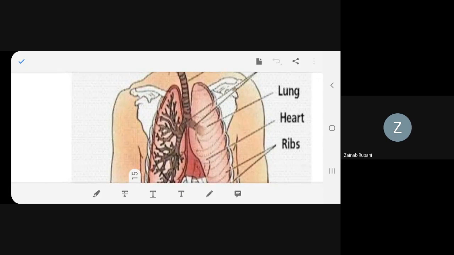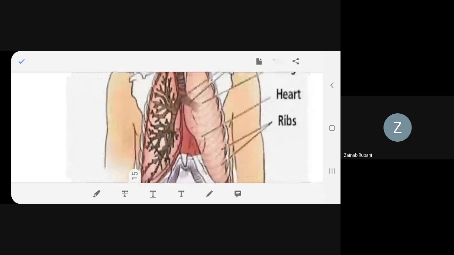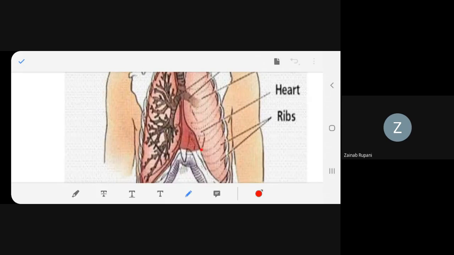And you should know that here we have got the heart. This is the heart. Can you see this? It is inside, covered by lungs. This is the heart on the left hand side. These are the ribs. You can feel it. These are the ribs, which give protection to the heart as well as lungs.